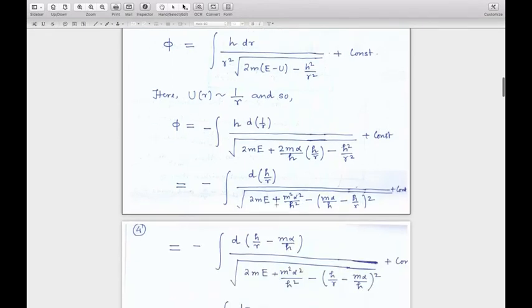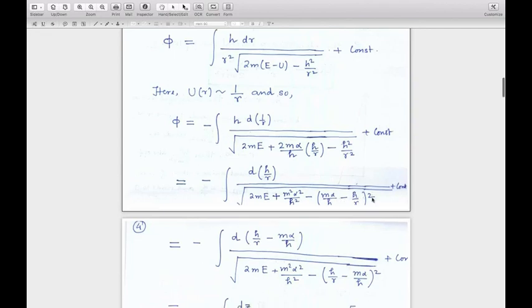Now by a bit of a trick, if you just add and subtract the quantity m square alpha square by h square, you can simply write the whole thing as 2mE plus m square alpha square by h square minus a perfect square, which is the square of m alpha by h minus h by r.